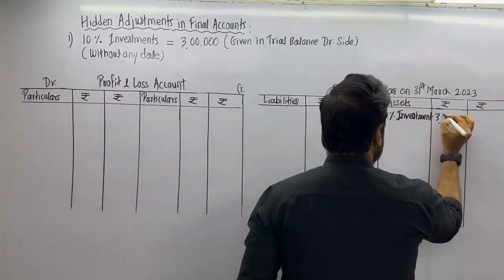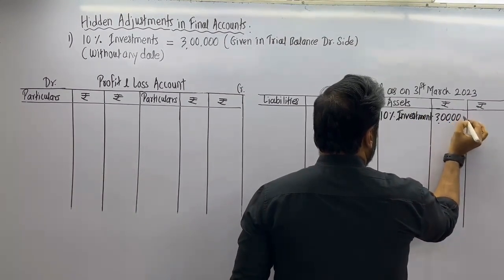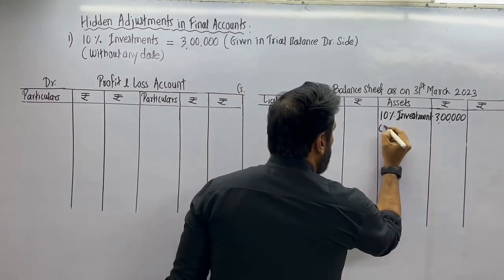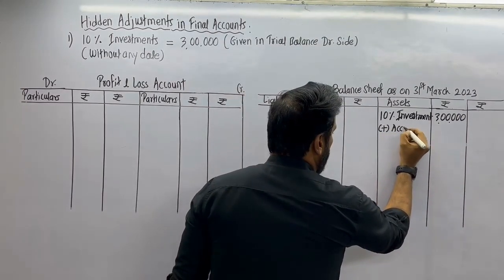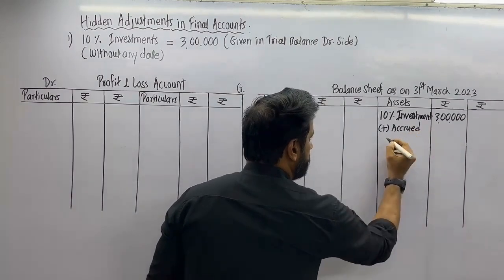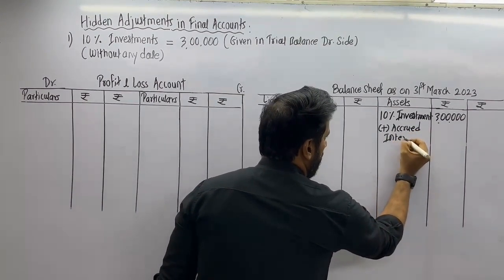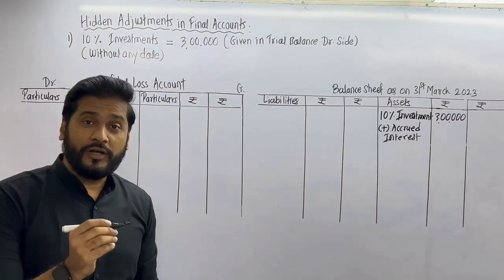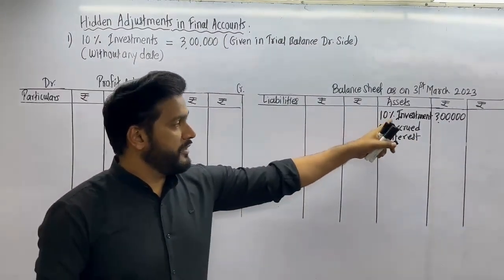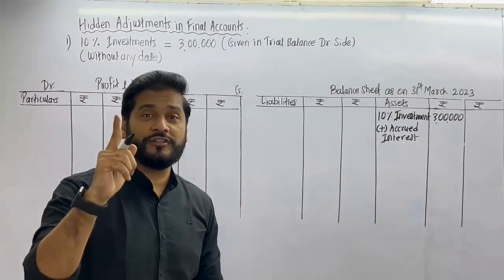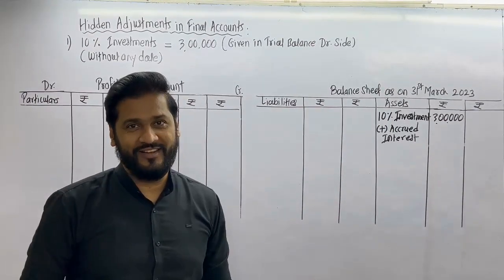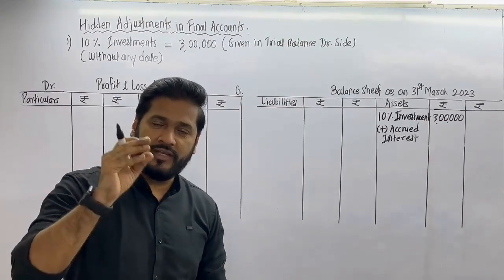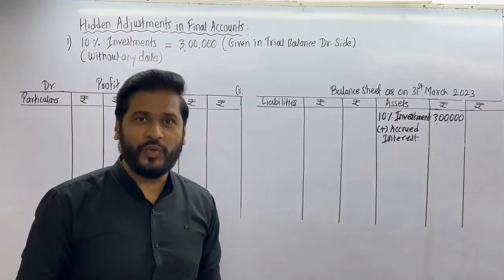If the amount is 3 lakhs, put it in the inner column, add accrued interest, meaning we have to assume that this investment was purchased on the first day of the accounting year. Okay, if the date is not mentioned, it means it was there on 1st April as well.